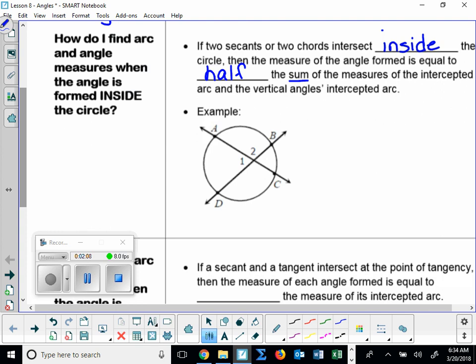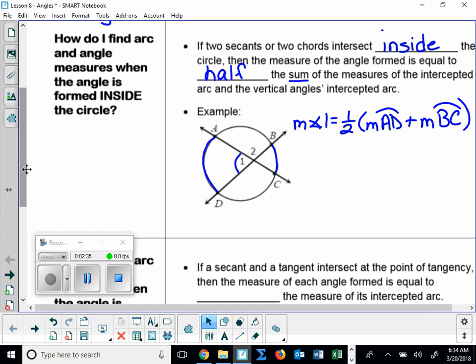Well, let's look at angle 1 here. The measure of angle 1 is going to equal half the sum of the intercepted arc, the measure of arc AD, and the vertical angle's intercepted arc, the measure of arc BC.